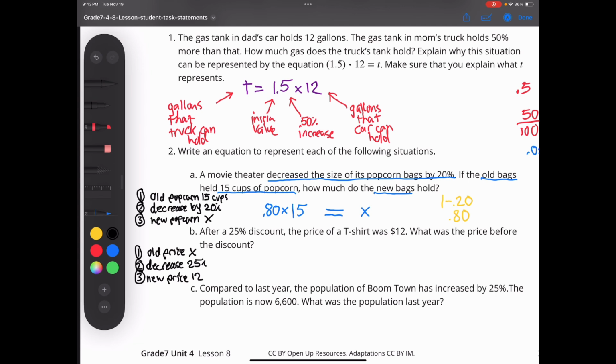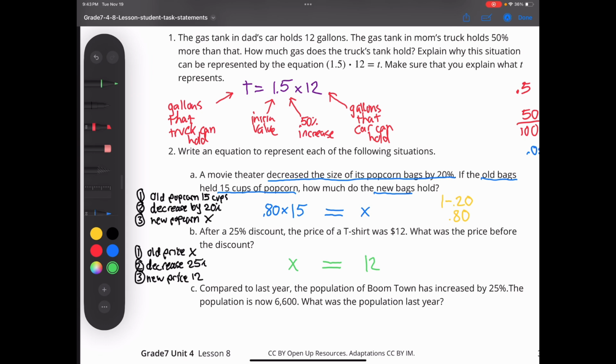So let's write our equation. I'm going to use green this time. Start with an equal sign. And this time our old price is X, so that's on the left side. I'm going in chronological order left to right. So old price, and the new price is 12. So we need to get our old price to 12 by decreasing it. And for a decrease, you're not just multiplying the percentage.